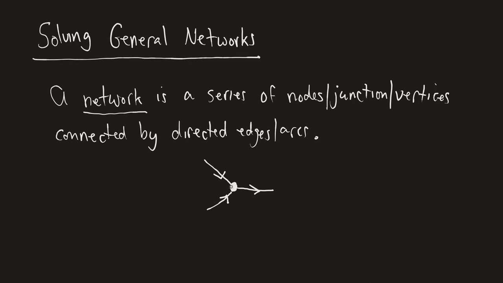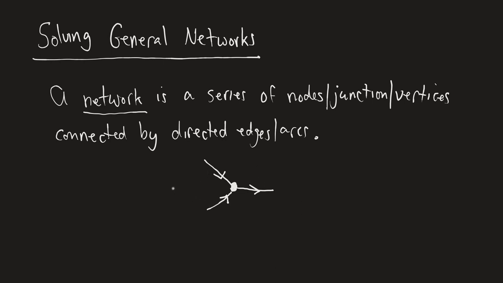Another example might be a computer network where you have different servers connected, and information flowing from one server to the next. So there are lots of things that you can use this sort of structure to model.